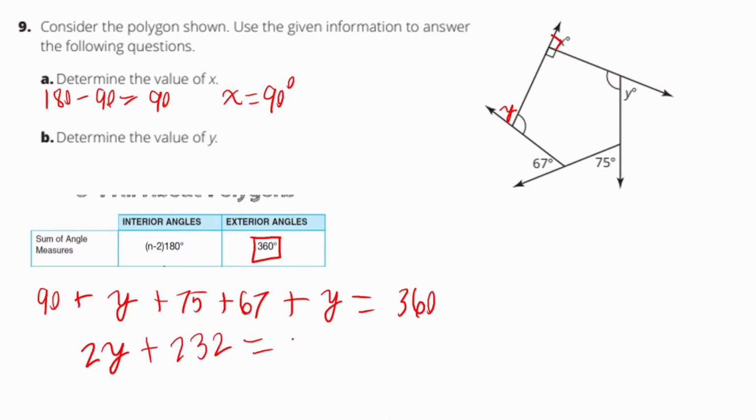232 plus 2y equals 360. And now we just solve this equation. Subtract 232 on both sides. And we're left with 2y equals 360 minus 232, which would give me 128.